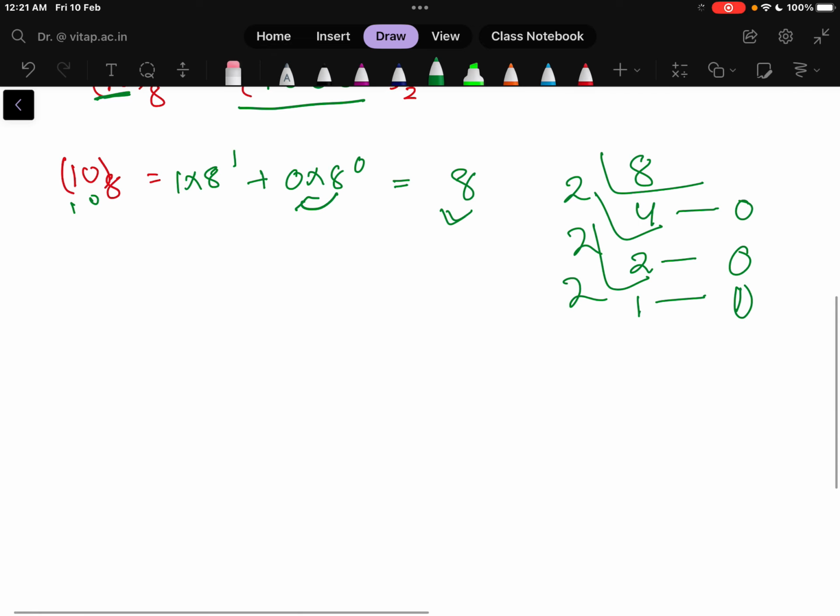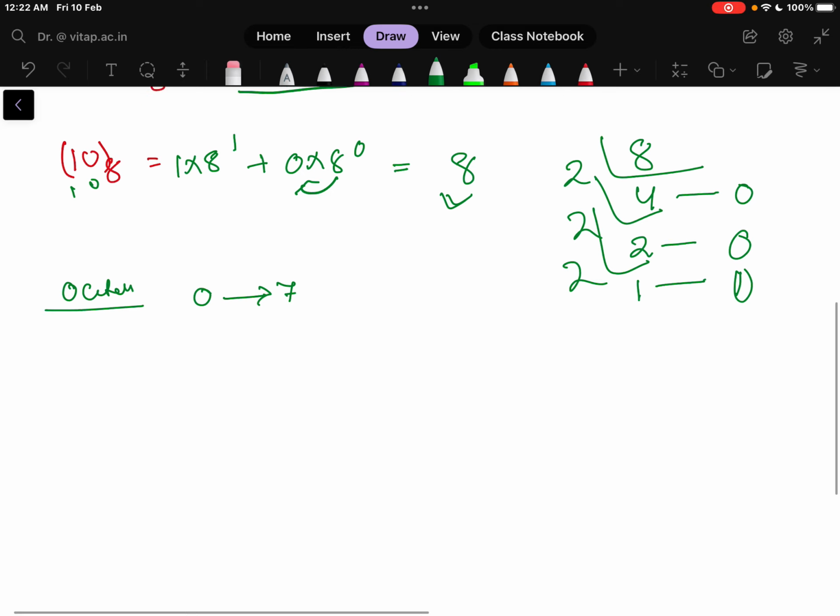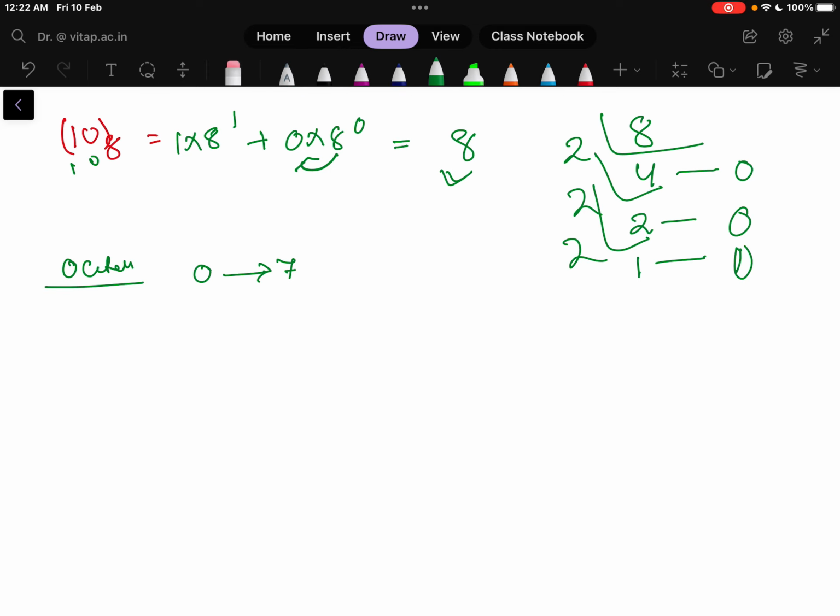Now, one thing you should notice and remember, it will be helpful for you. The octal number system is represented by the digits 0 to 7, that means 8 digits: 0 1 2 3 4 5 6 7. In the decimal system, we have the digits 0 to 9.